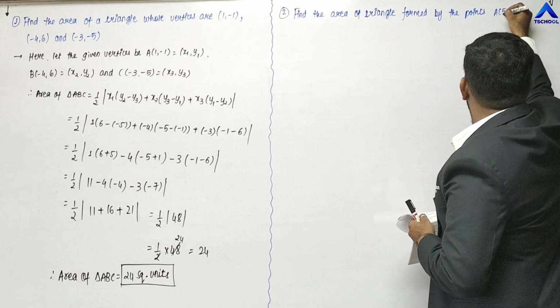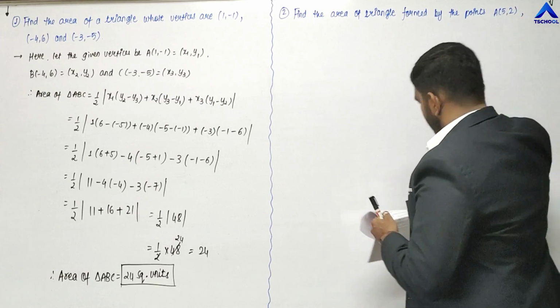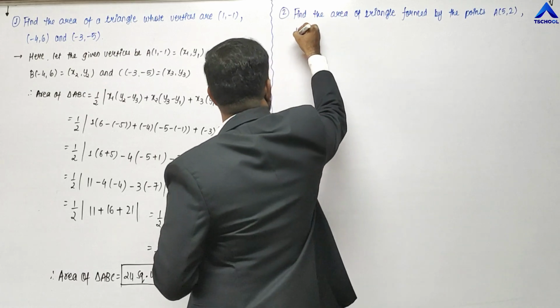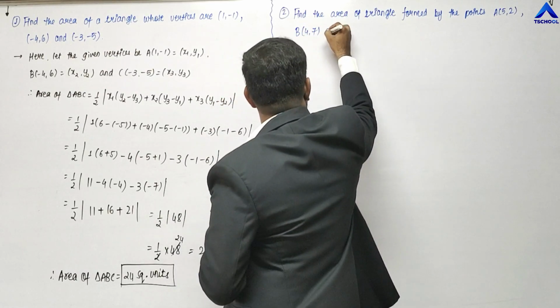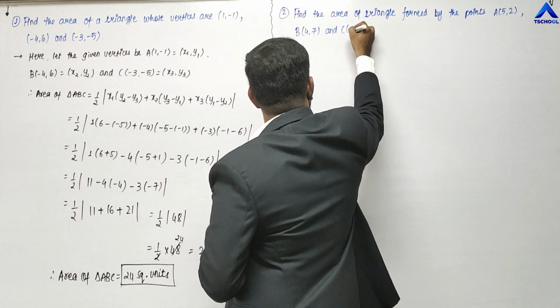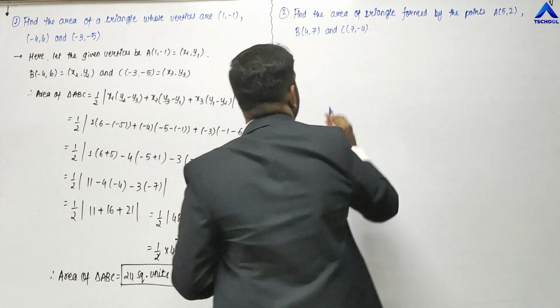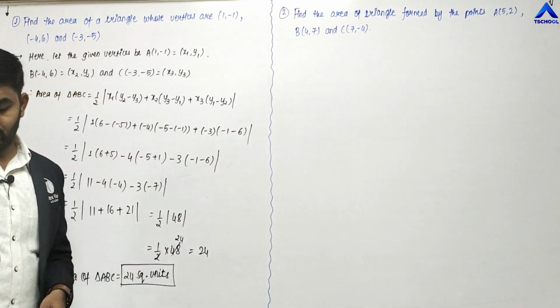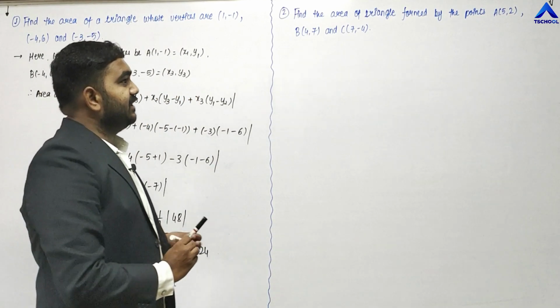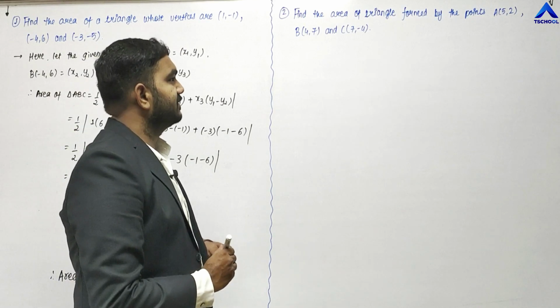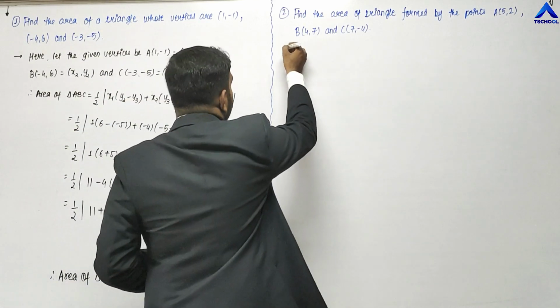A (5, 2), B (4, 7) and C (7, minus 4). Right? So we need to find out the area of the triangle that is formed by these points. Let us see how.